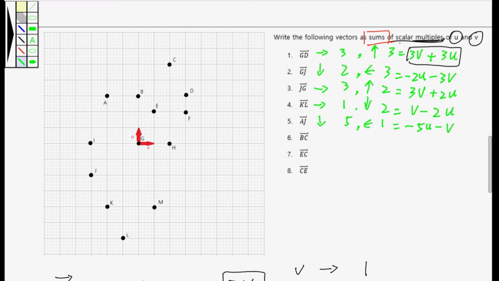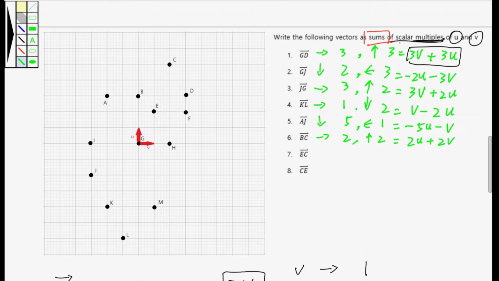Next one is vector BC. B is here, C is here, right 2 and upper 2. So right side 2, up side 2. So it's all the same thing. So 2 vector u plus 2 vector v. That's it.